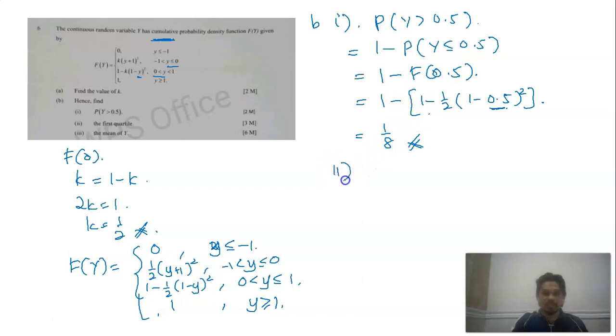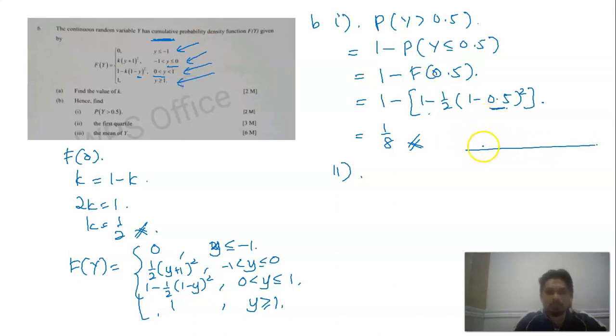Okay, so B2, the first quarter. We are going to refer to the domain of each of these. From -1, 0, 1: y less than or equal to -1, between -1 and 0, between 0 and 1, and then from 1 to positive infinity.